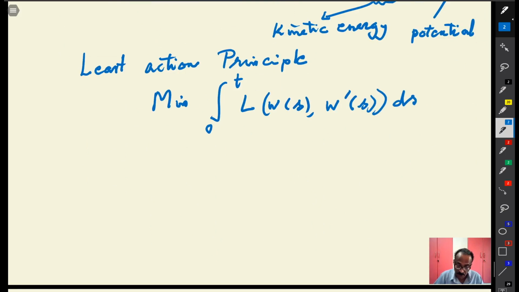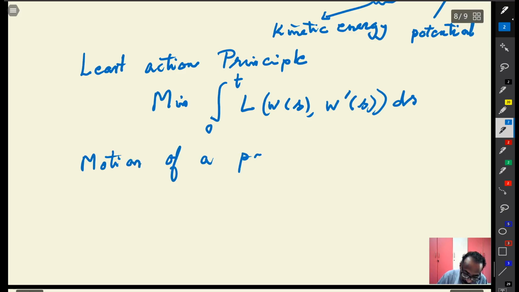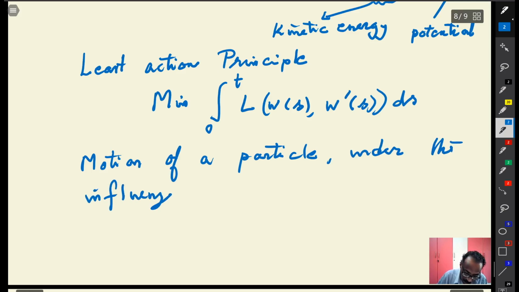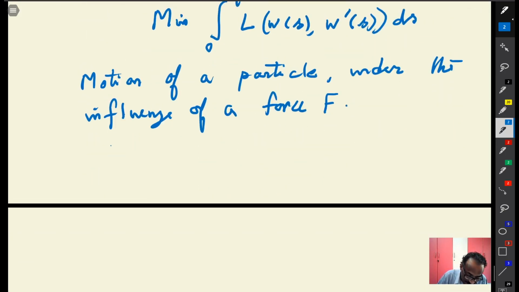Newton basically wants to study the motion of a particle under the influence of a force, and in special cases, under conservative forces, this is given in a special system, a conservative system, where F is given by a potential.